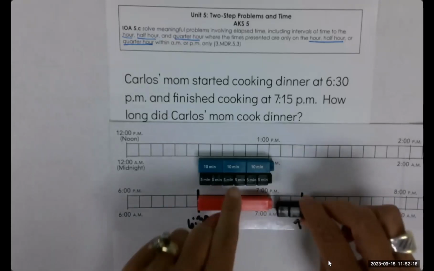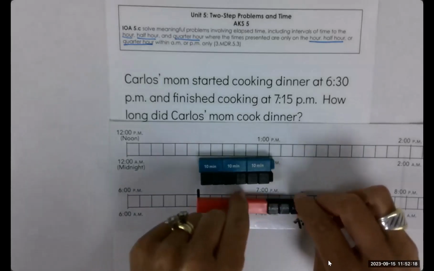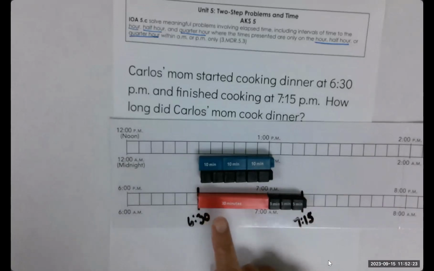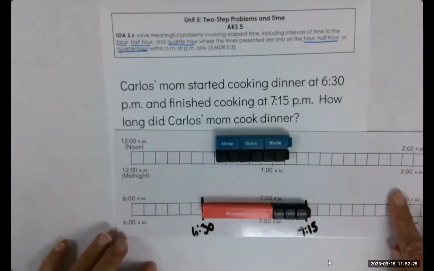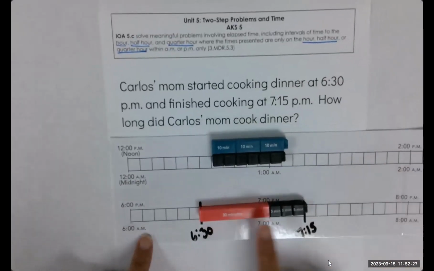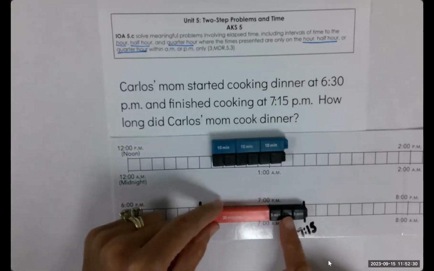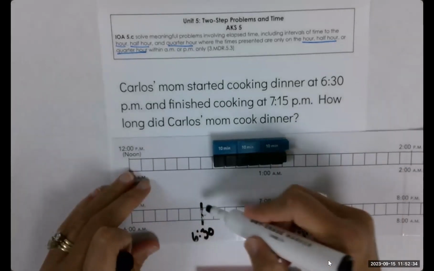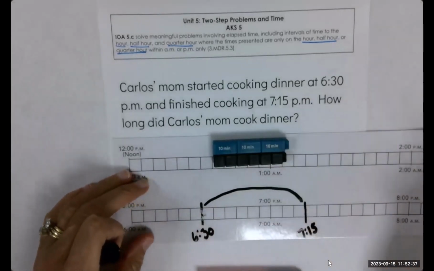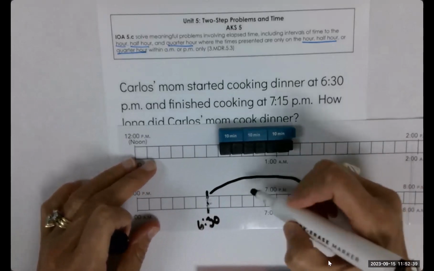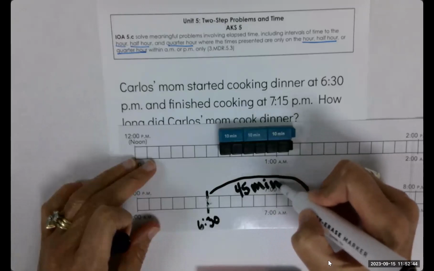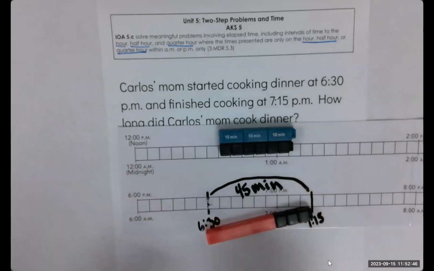Put these together and connect, and then count the total. I can keep that straight. So they have, Carlos's mom has cooked dinner 30, 35, 40, 45 minutes. So that change of time between 6:30 and 7:15 p.m. is 45 minutes.